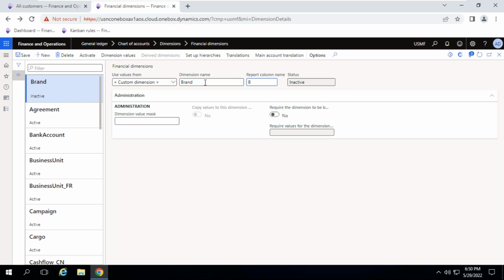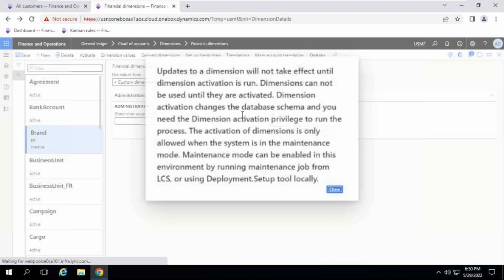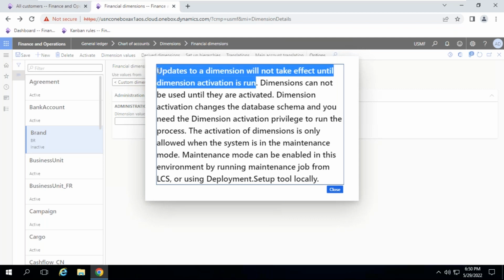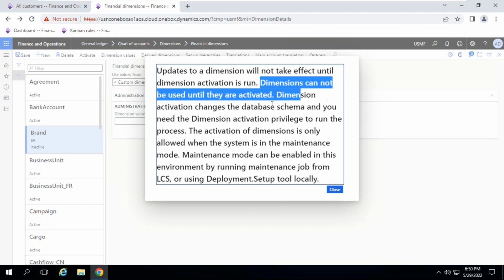He has created it like this. Now it is inactive. Whenever you are saving, updates to your dimension will not take effect until dimension activation is run. Dimensions cannot be used until they are activated.